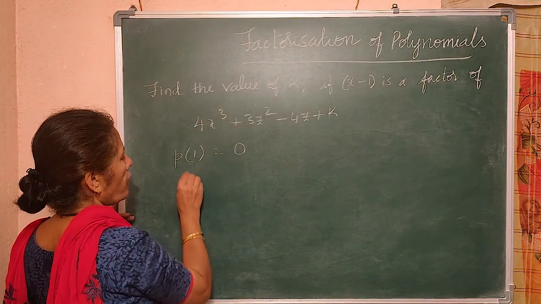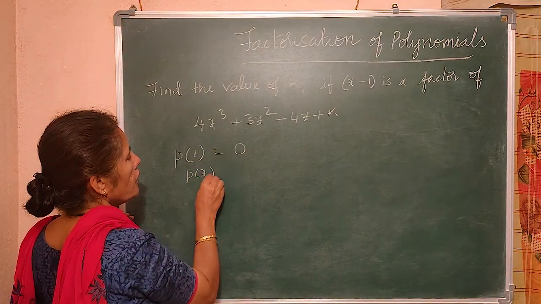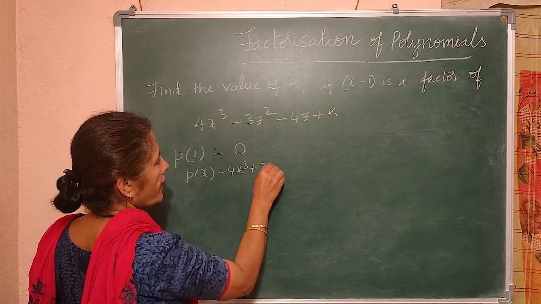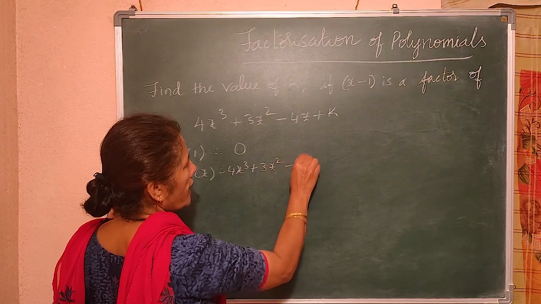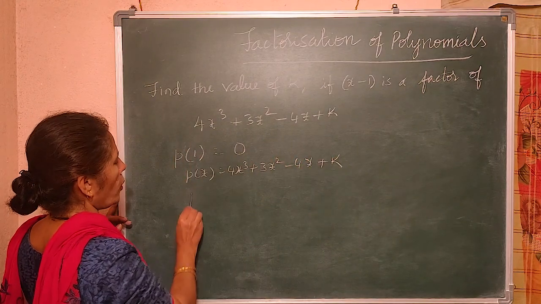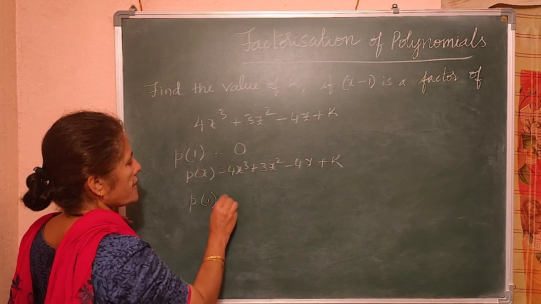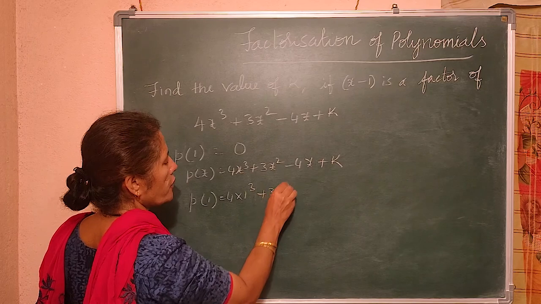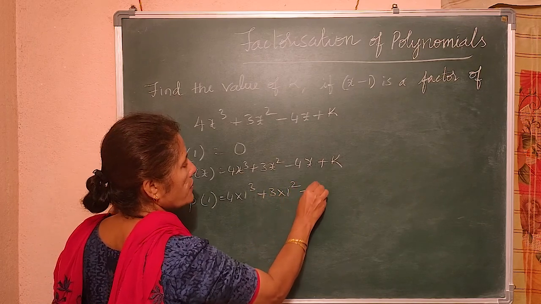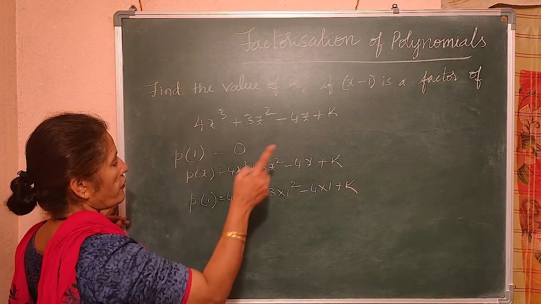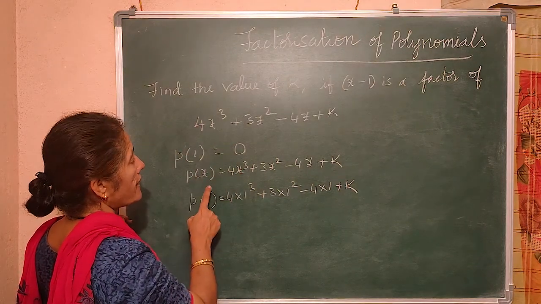So, p of x is equal to 4x cubed plus 3x squared minus 4x plus k. So, this is equal to 0. p of 1 is equal to 4 into 1 cube plus 3 into 1 square minus 4 into 1 plus k. When it is a factor, p of 1 is 0.